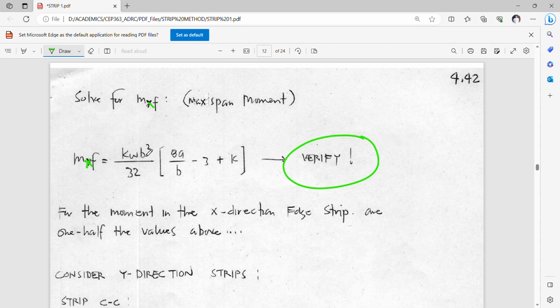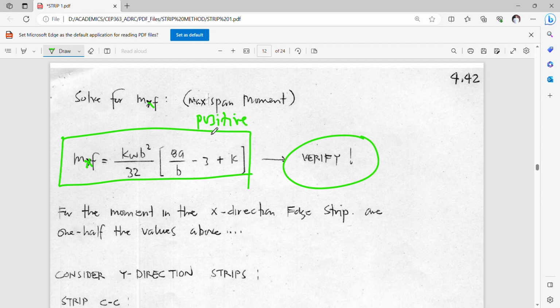It's equivalent to kwb squared over 32, and this is a positive moment that will give me the reinforcement needed for my design. So for the moment in the x direction, edge strips are simply half the values above.